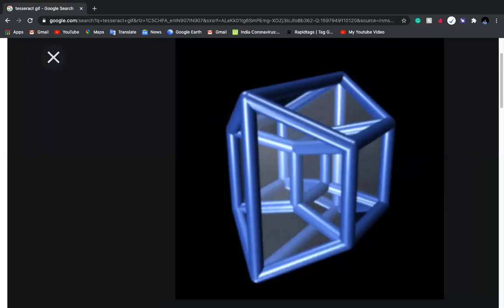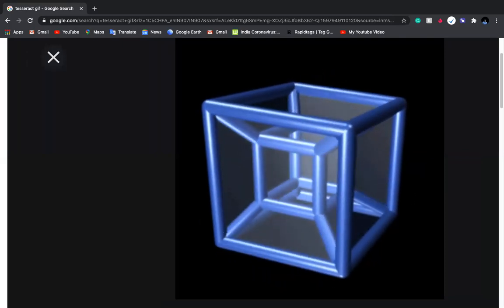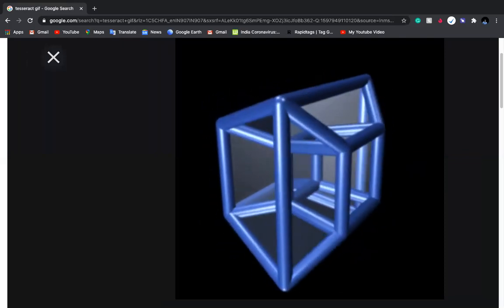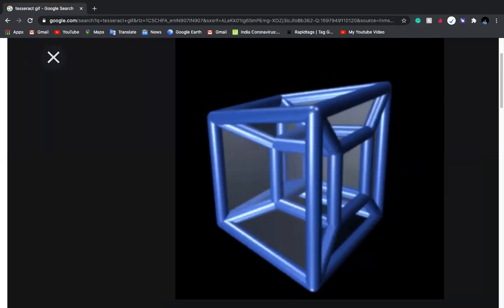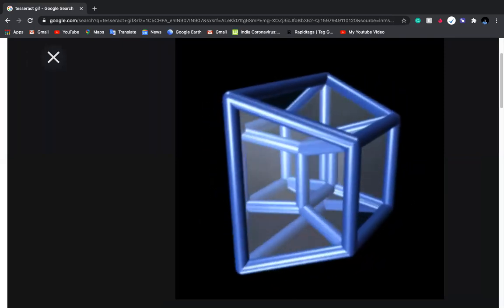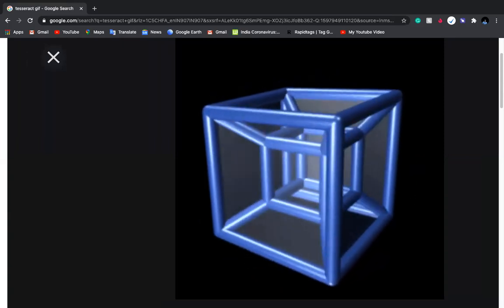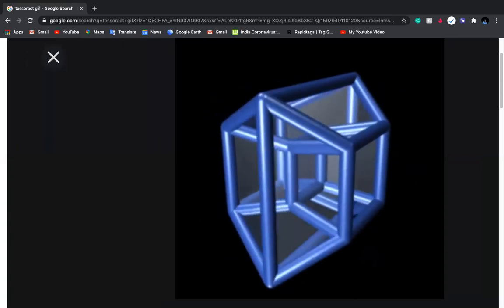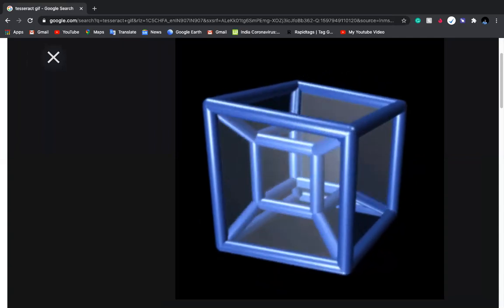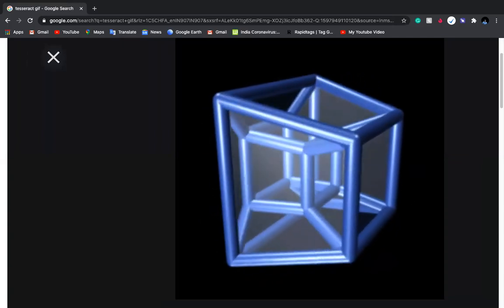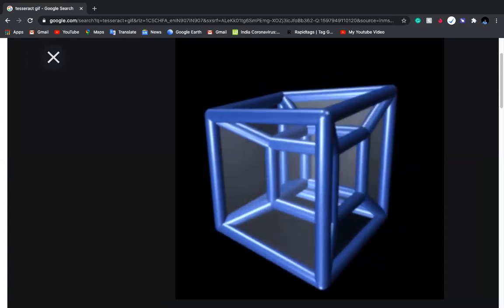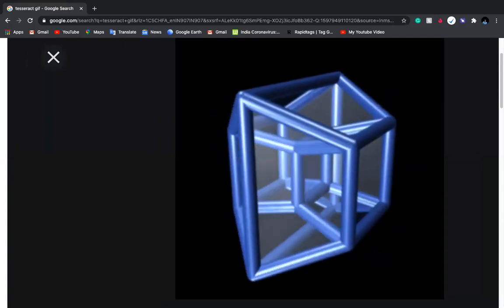Yeah, so this is what it will look like when it is rotating. When you see a cube that is rotating, this is a tesseract that is rotating. It will look a little bit weird, but it isn't the fourth dimension. Your brain is just used to the world of three dimensions.